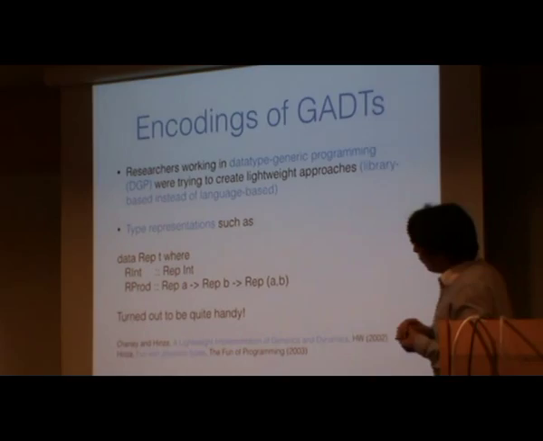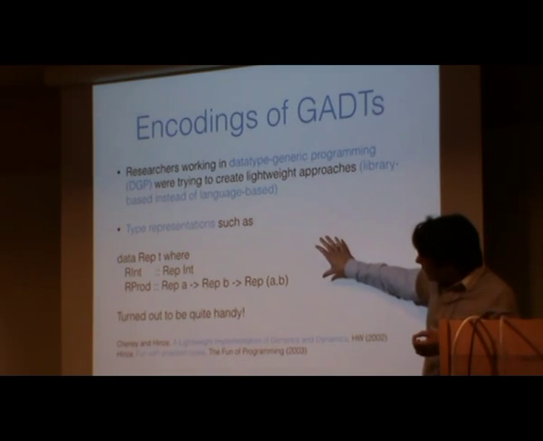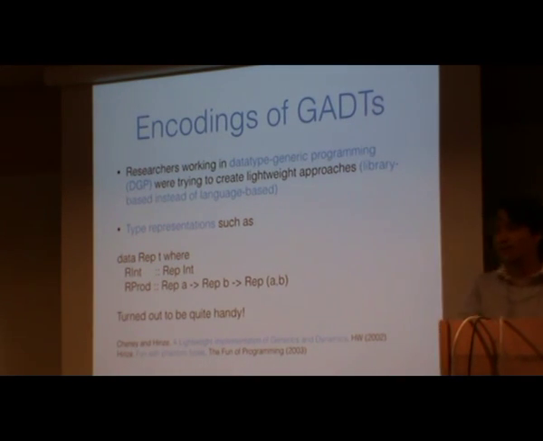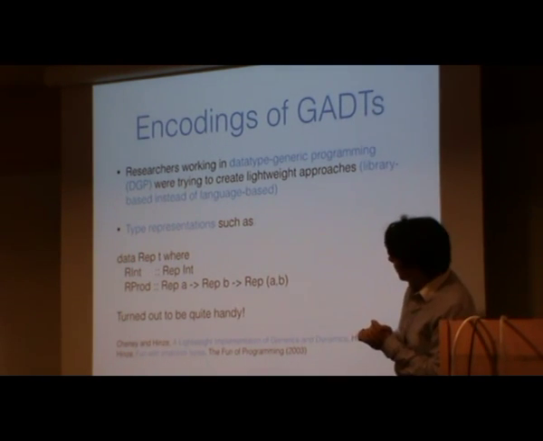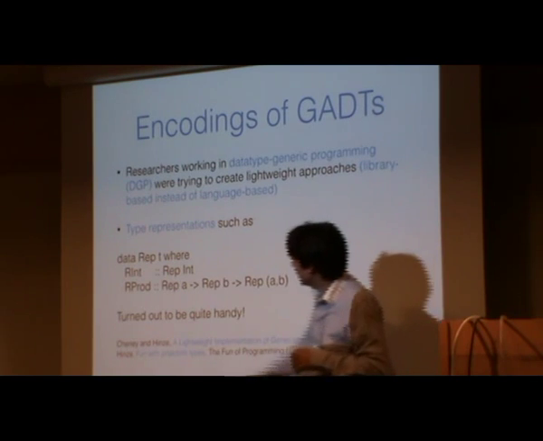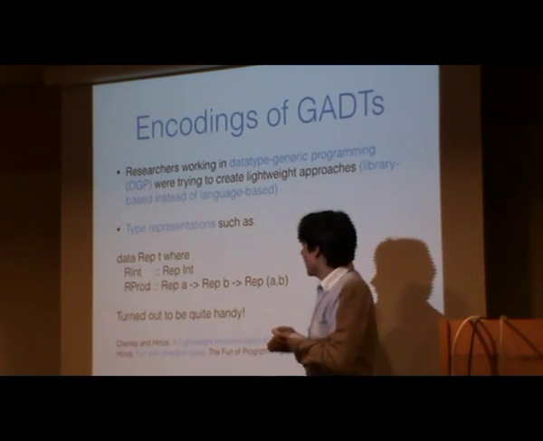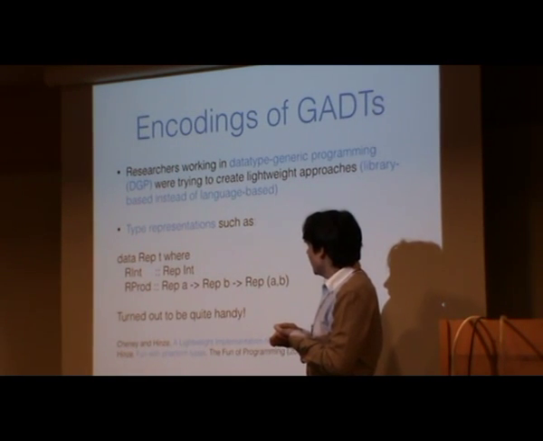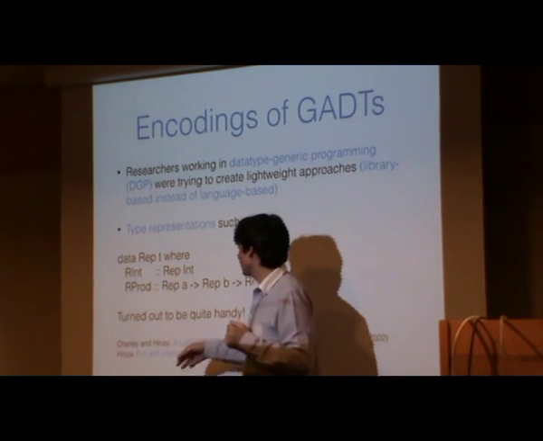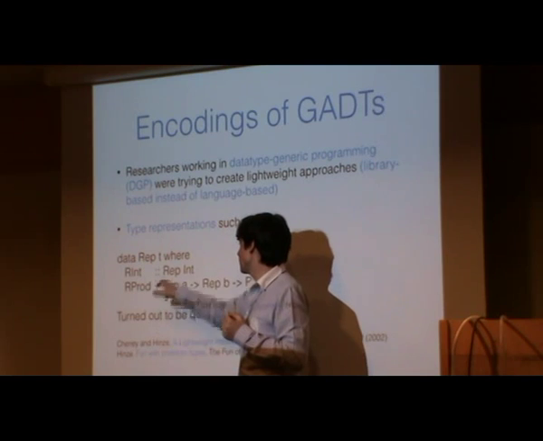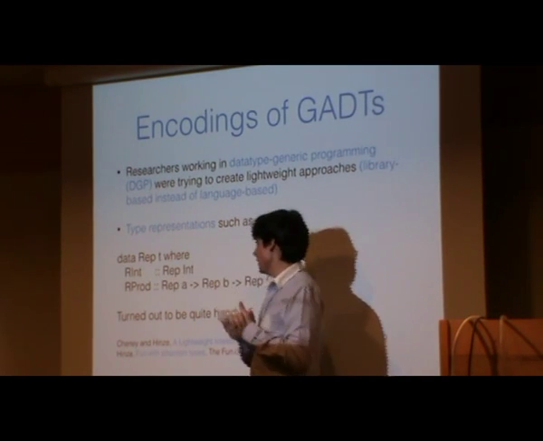And one of the key ideas that arose at that time was that one very useful thing to have was a datatype of type representations. So this is one datatype of type representations. This datatype has two constructors, and the first constructor is a representation for integers. It's a very simple constructor: if you want to represent integers, you just need to say Int.